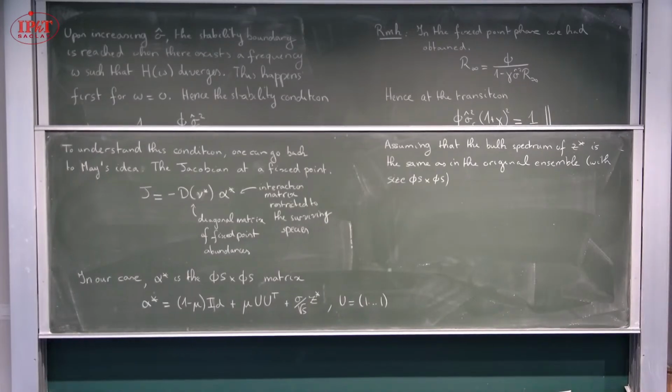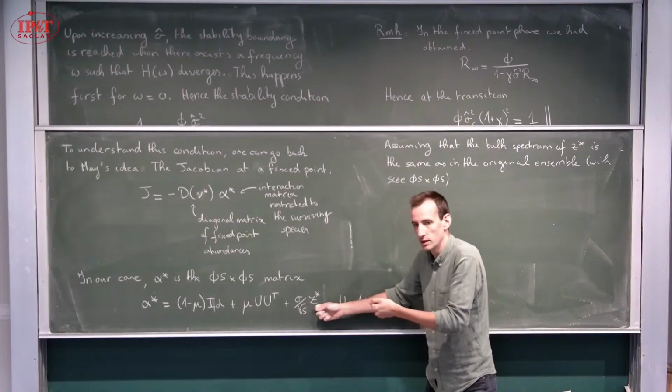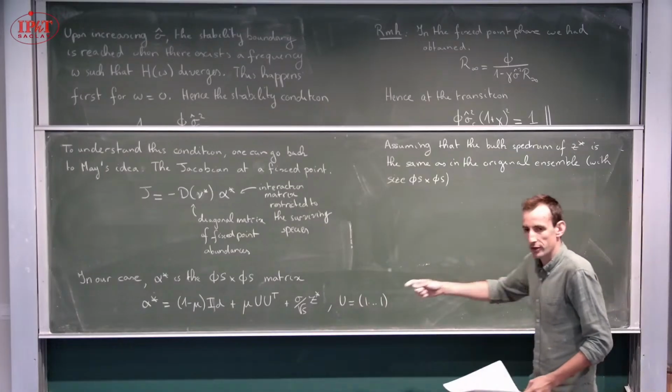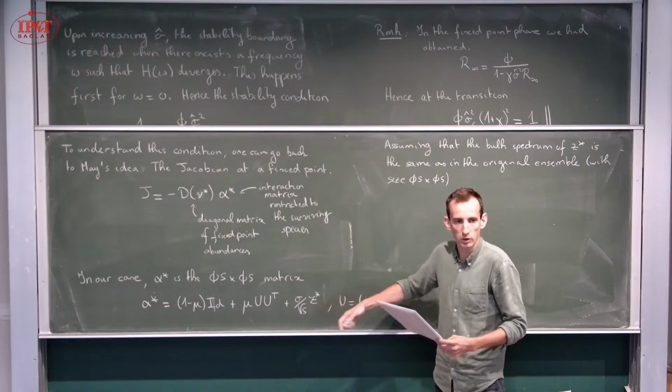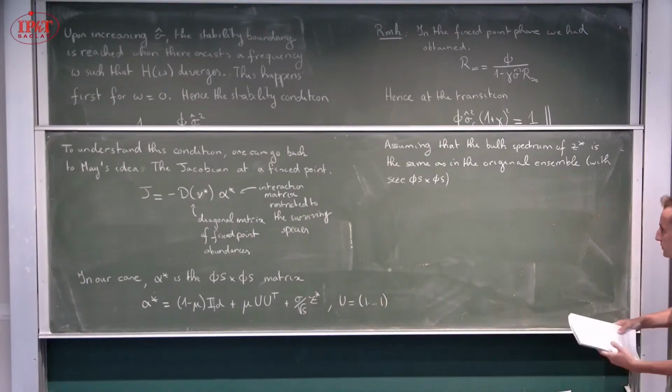I'm restricted to the elements that survived the selection process that went on during the dynamics. So here what I'm assuming is that the changes in the statistics of z star due to this dynamical process do not alter the bulk of the spectrum. But the bulk of the spectrum is sufficiently robust to these changes. And indeed, it has been shown.